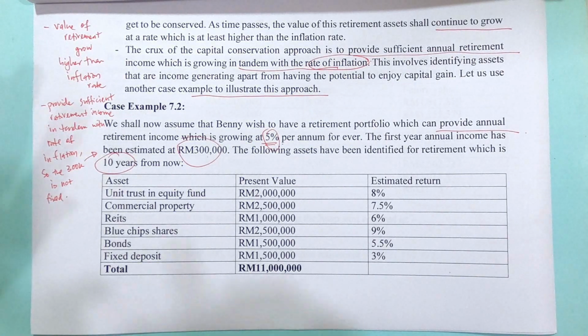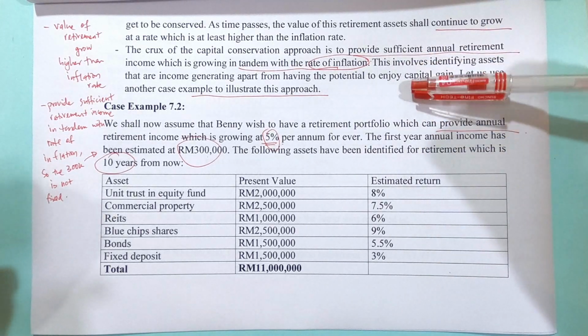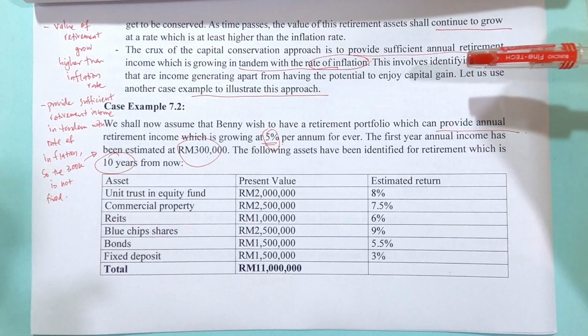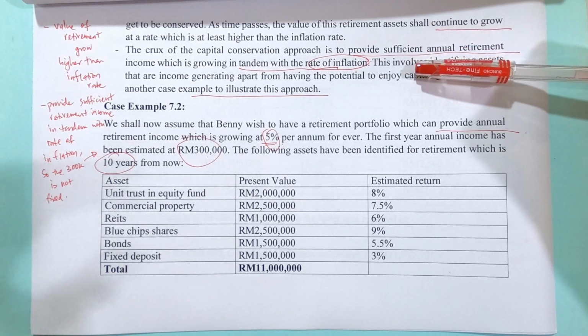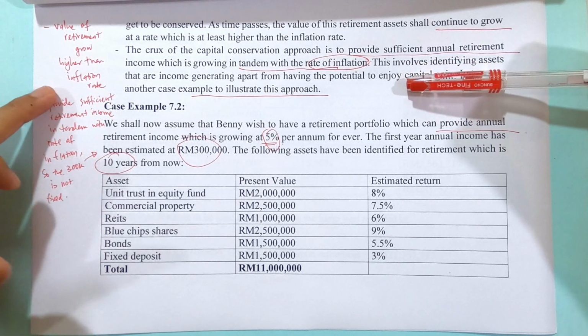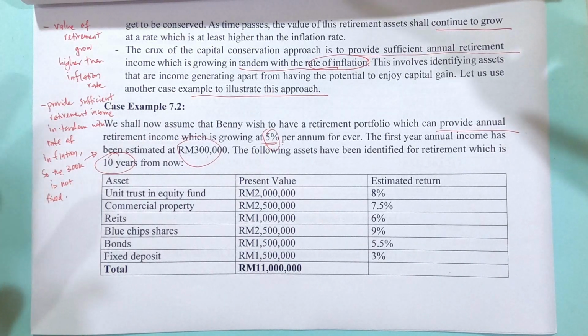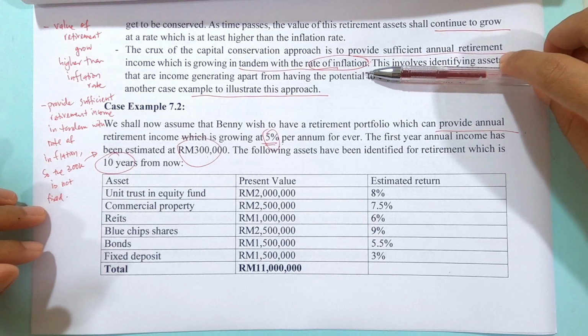But in the case of the retiree dying, the asset is still preserved. For capital conservation, it is very important to note that the value of the retirement income needs to be higher, or at least at the same rate as the inflation rate, because we want to provide the retiree with sufficient retirement income in tandem with inflation.